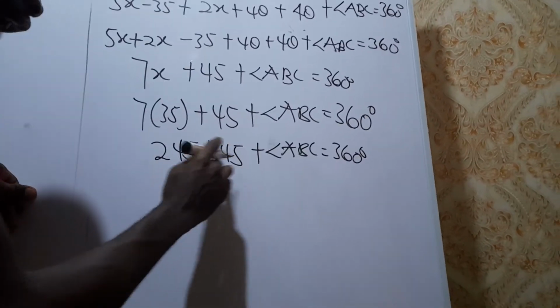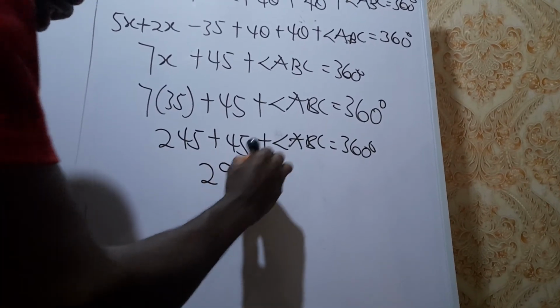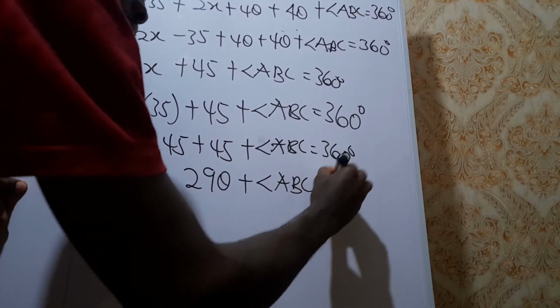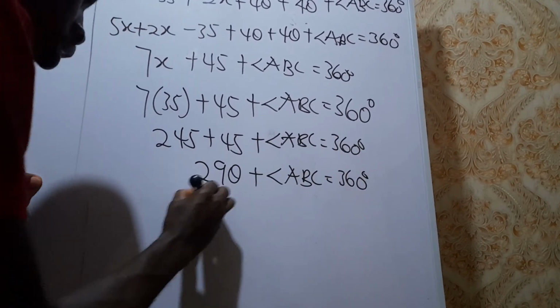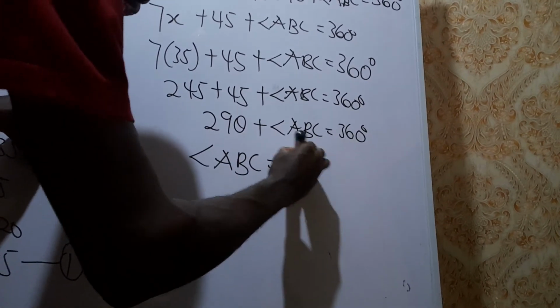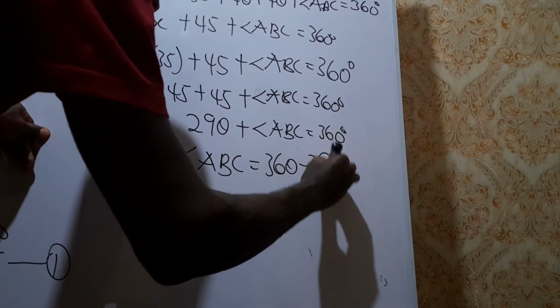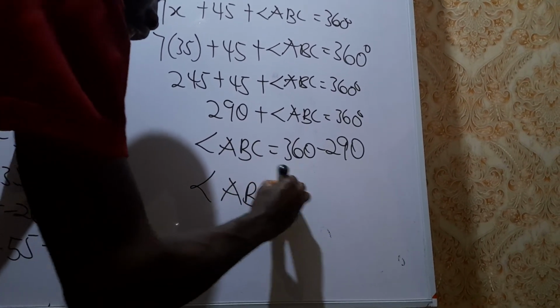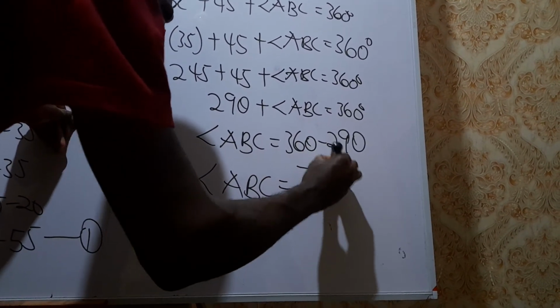Now 245 plus 45 will be 290 plus angle ABC will be equal to 360 degrees. So angle ABC will be equal to 360 degrees minus 290 degrees. Therefore, our angle ABC is equal to 70 degrees.